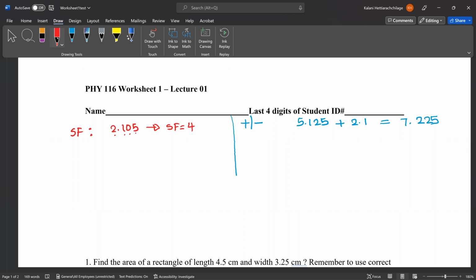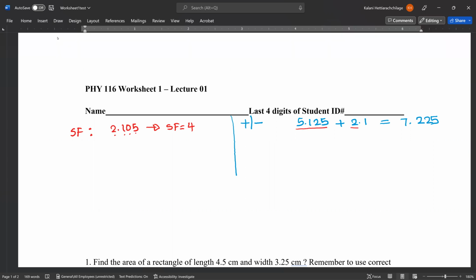By looking at these 2 numbers, you need to identify which one is least accurate. Least accurate means the number of decimals is lower. As soon as you identify that, you write down how many decimals we have in this number: equal to 1. Now you match that with your final answer.